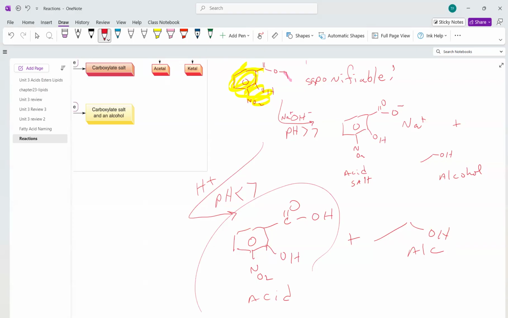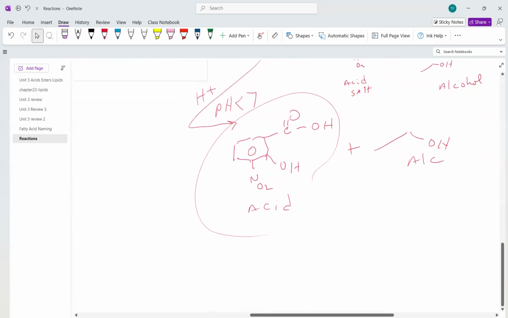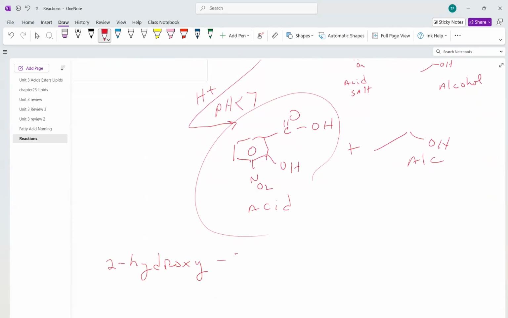H comes before N, so it is 2-hydroxy, 3-nitro benzoic acid.